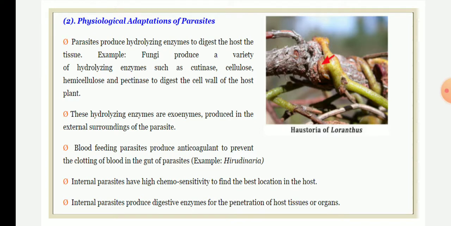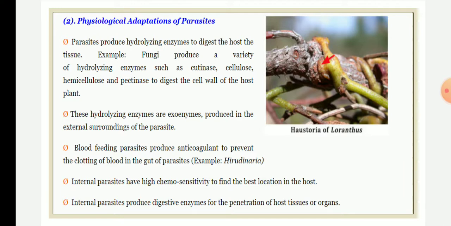Next, in order to survive in the host environment, most parasites have degeneration of organs, for example the organ of locomotion. Since the parasite resides inside the host body, it lives in a well protected and nourishing environment, so there is no need to move from one place to another.